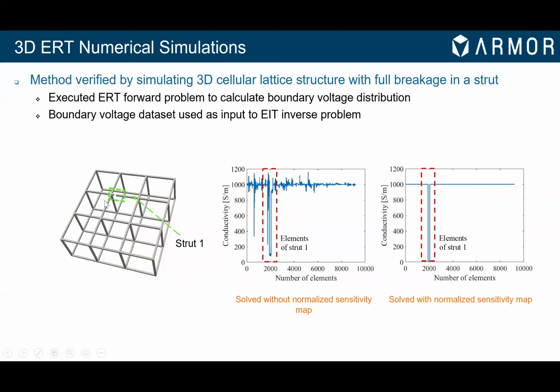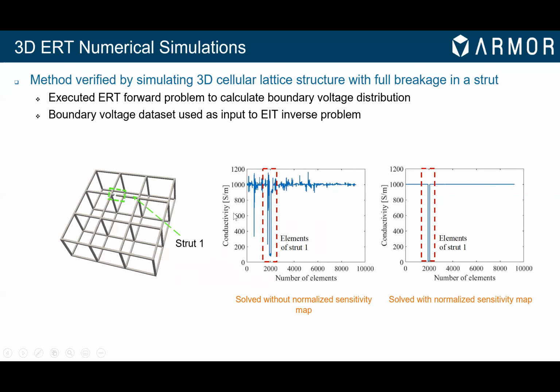We could then numerically simulate and inject a current following the adjacent current injection pattern to then solve the forward problem to calculate the corresponding boundary voltages. Using those calculated boundary voltages, we can then use them as inputs to this ERT inverse problem. And again, it was solved without the normalized sensitivity map and solved with the normalized sensitivity map.